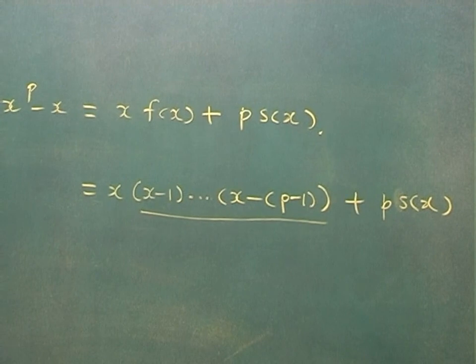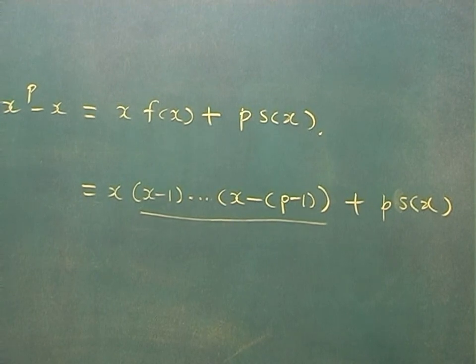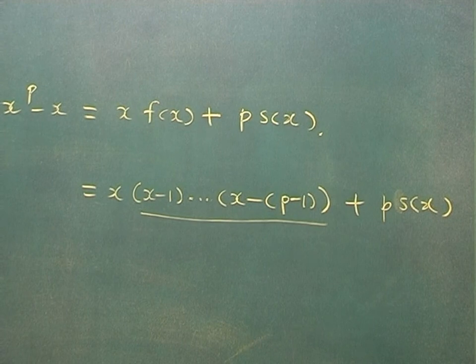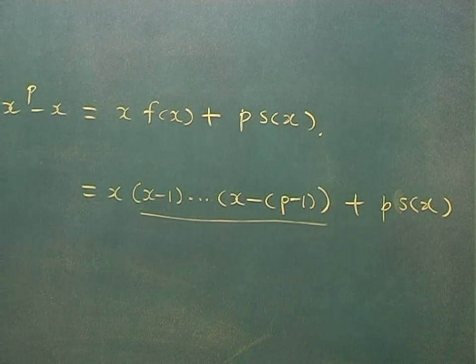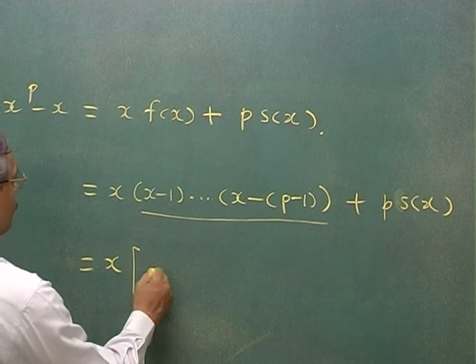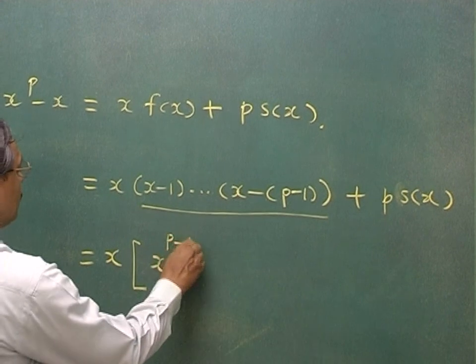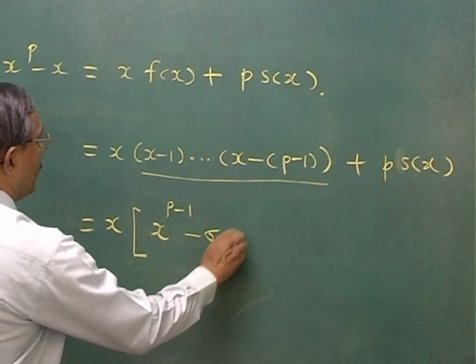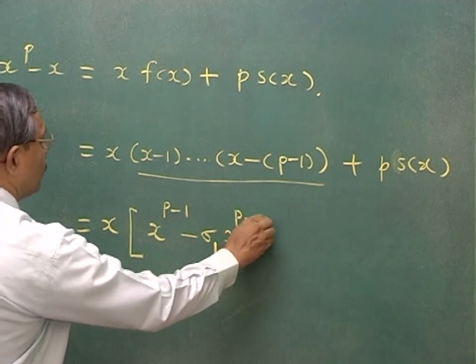So if the roots are given, you can write the polynomial in terms of the elementary symmetric polynomials coming from the roots. So we can say that this is equal to x into bracket x^(p minus 1) minus sigma 1 x^(p minus 2).